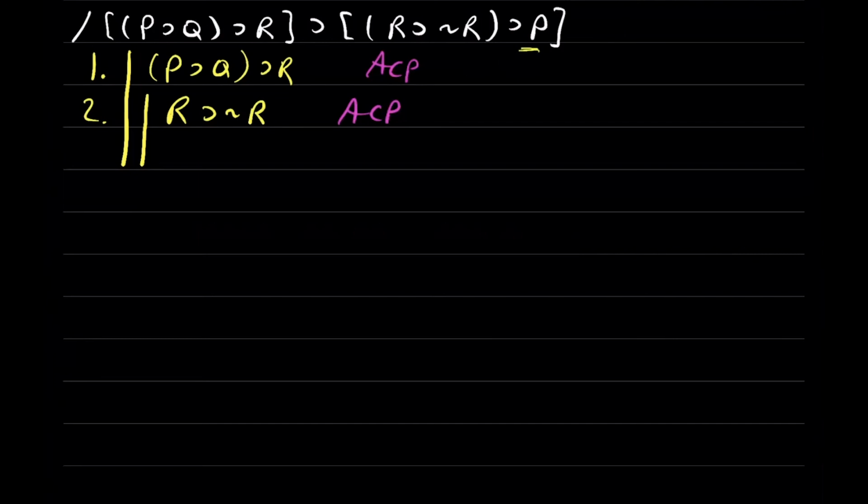Well, I'm going to try to do that with an indirect proof sequence. If I know I need P, I'm going to assume not P and try to show that that leads to a contradiction. So in line 3, I'm going to assume not P, AIP, assumption for indirect proof. Then if I can show that that leads to a contradiction, I can close off that indirect proof sequence. Then I can close off the conditional proof sequences.